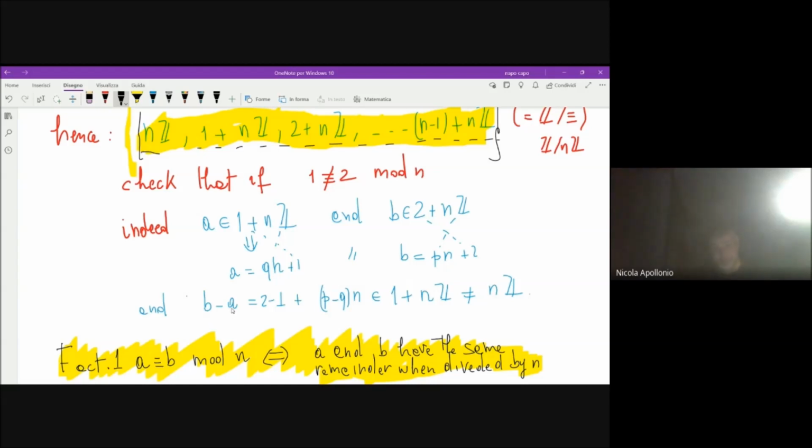B minus A is equal to 2 minus 1 plus a multiple of n. So B minus A is not in nZ, as it should have been if they were congruent. It is in another class. It is in the class of 1 plus nZ.